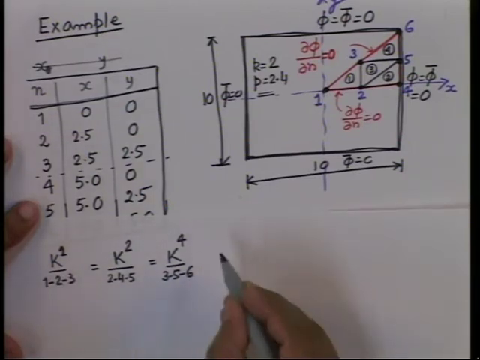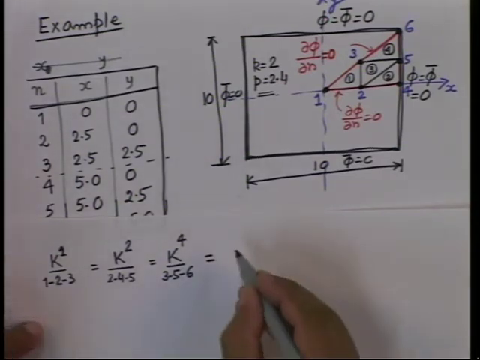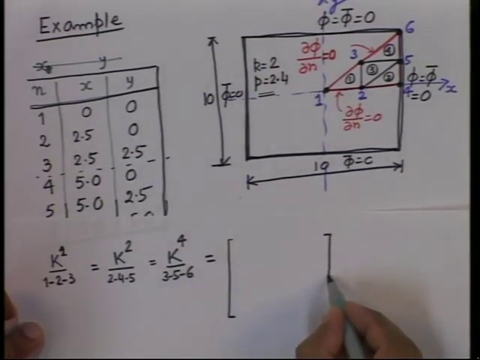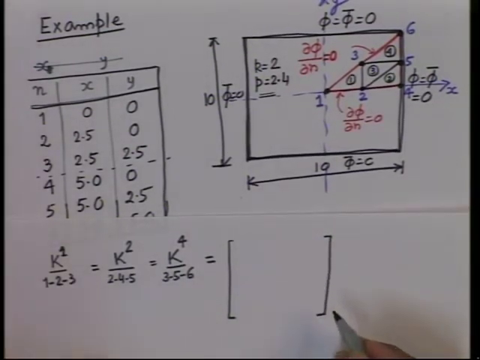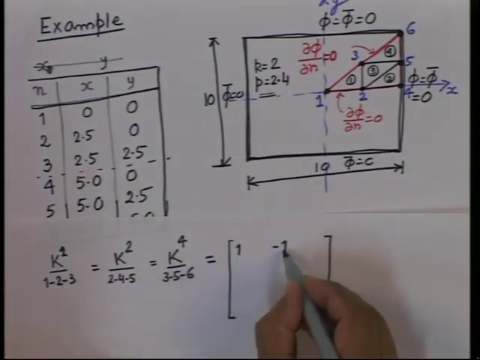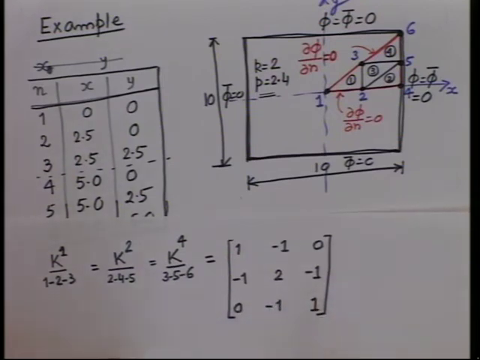If you number the nodes of these 3 elements like this, then the stiffness or the K property will be a 3 by 3 matrix, and it comes out to be 1, minus 1, 0, minus 1, 2, minus 1, 0, minus 1, 1.